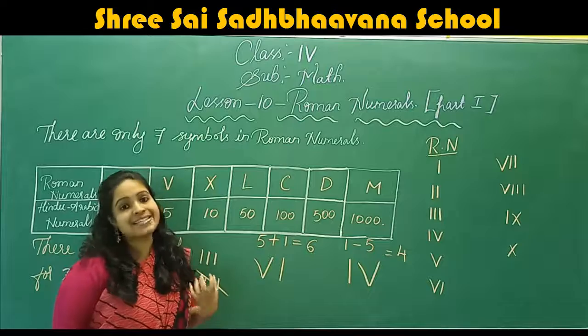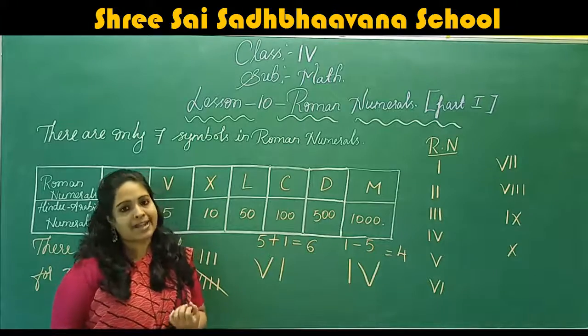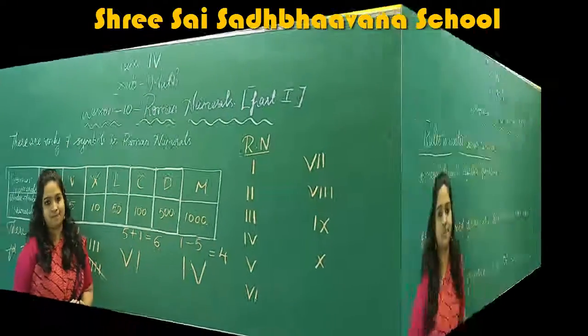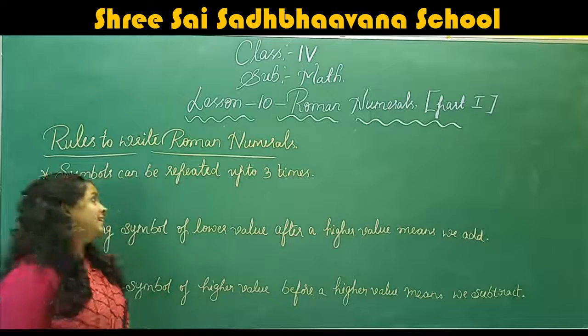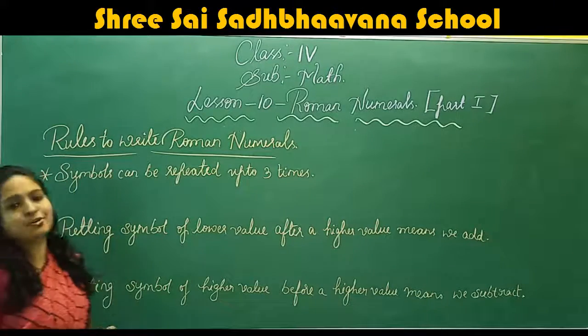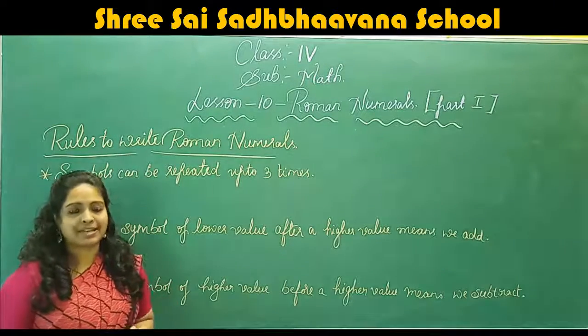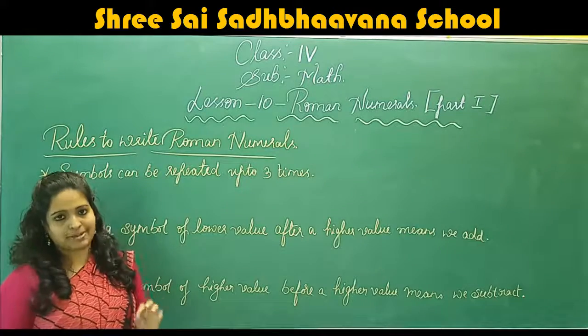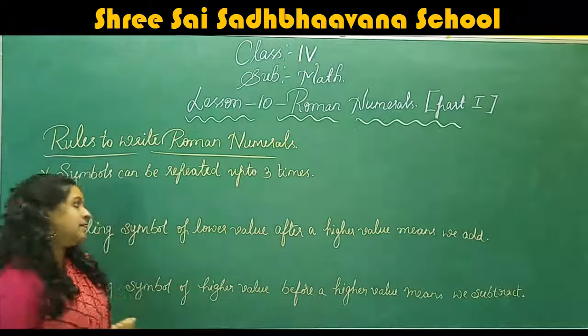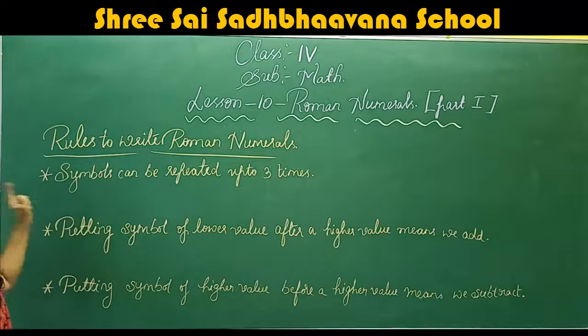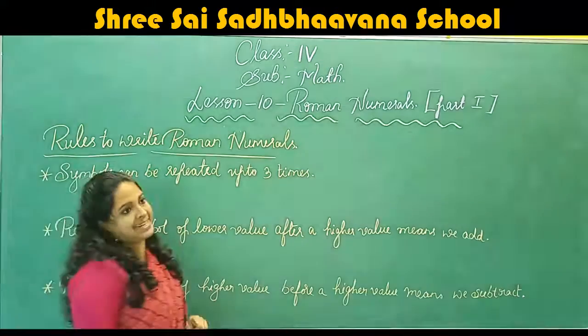So now let us see the rules to write the Roman numerals. Children, there are some rules on how to write the Roman numerals, so let us discuss those rules. Here you see the first one: symbols can be repeated up to 3 times.